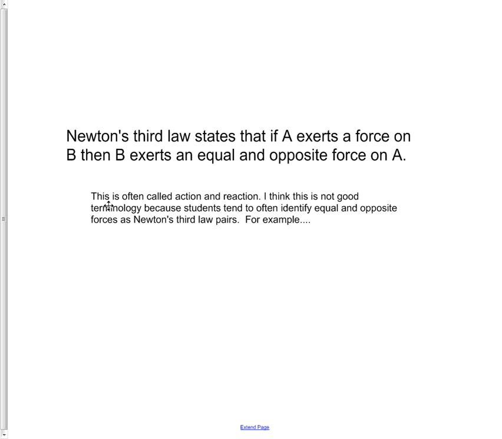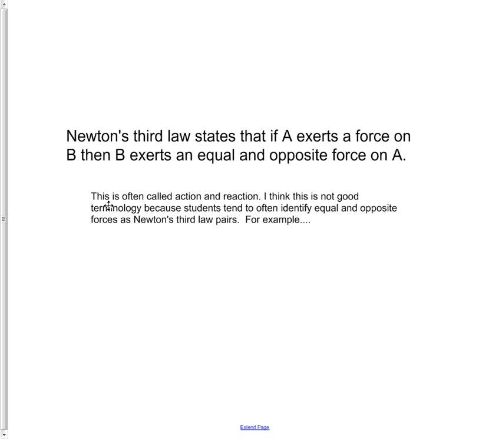And the reason is students often tend to identify any equal and opposite forces that they see in a problem as having to do with Newton's third law, which is certainly not the case.